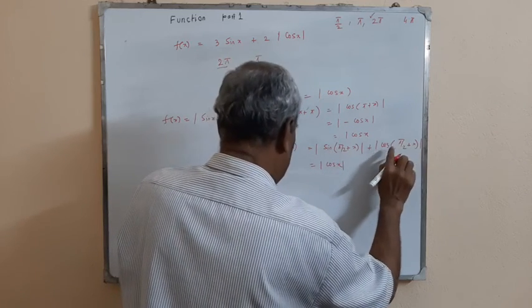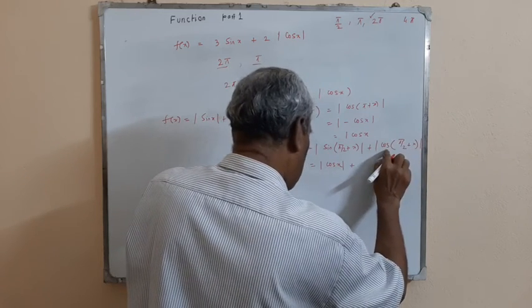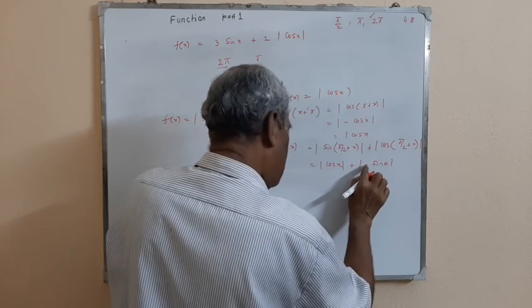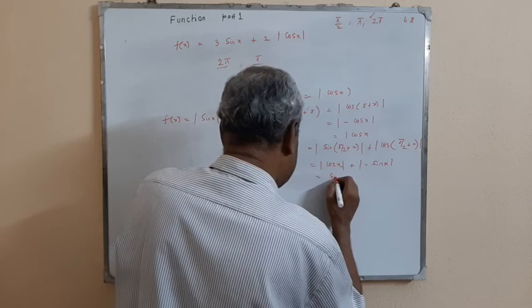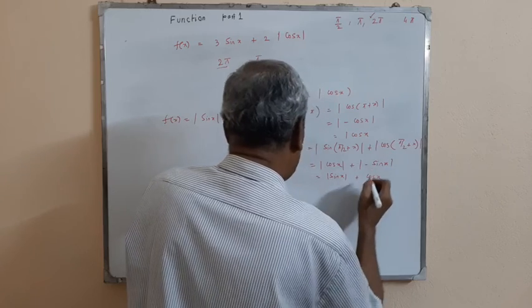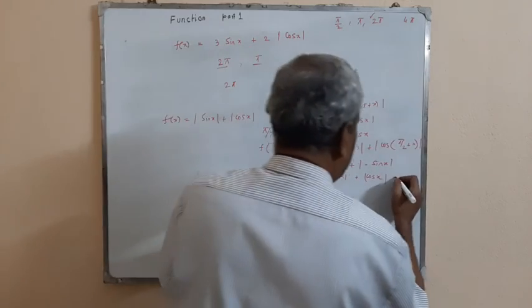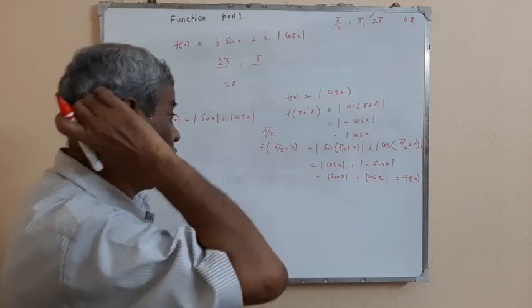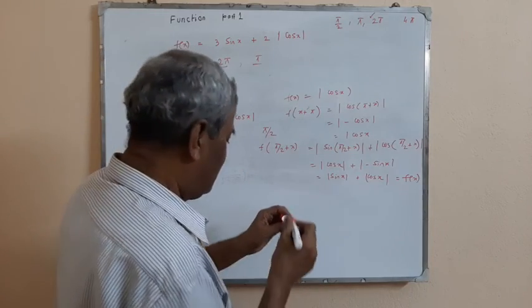The second is in the second quadrant, so cos will be negative, mod of minus sin x, but mod of minus sin and mod sin are the same, so it is equal to mod sin x plus mod cos x. So its period is pi by 2, because f(x) is equal to f of x plus pi by 2. This is very important. You have to keep it in mind.